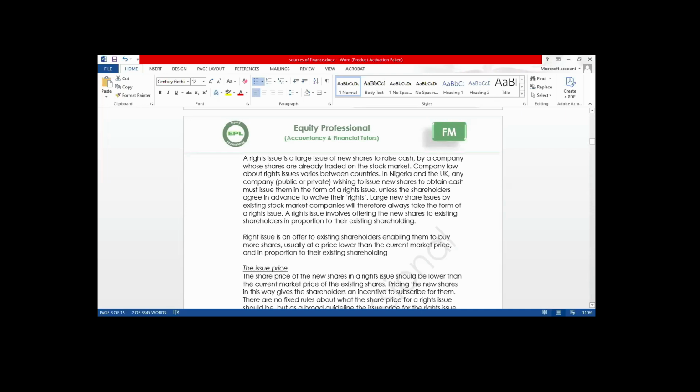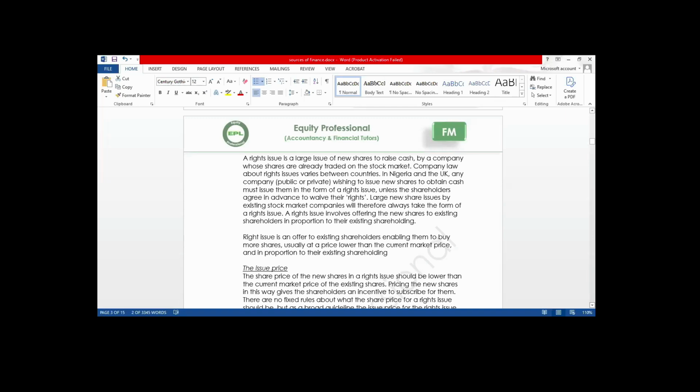That is rights issue. For a company to talk of rights issue, that means the company must have shares in existence. You must have shareholders in existence.